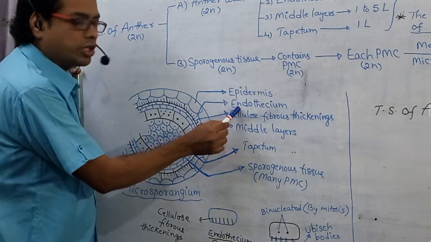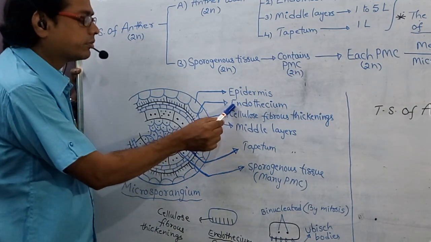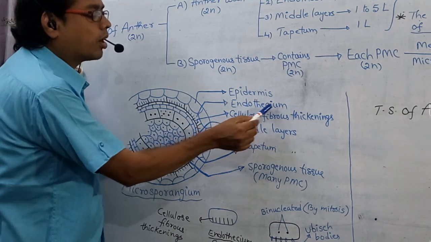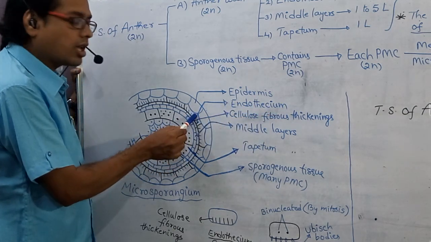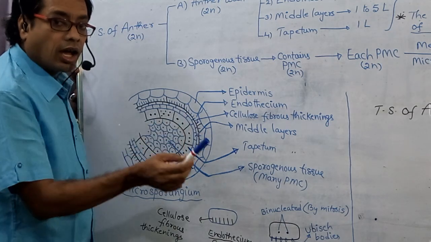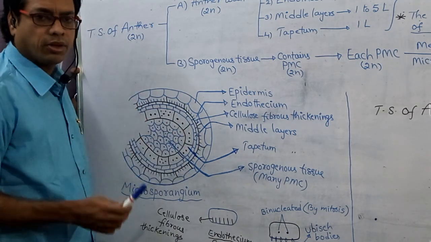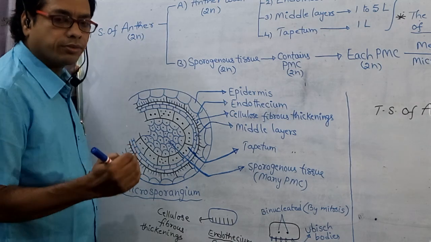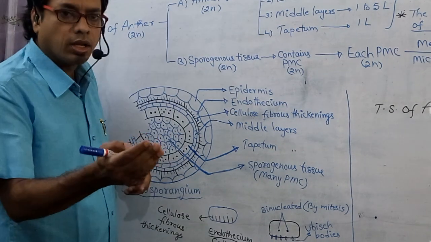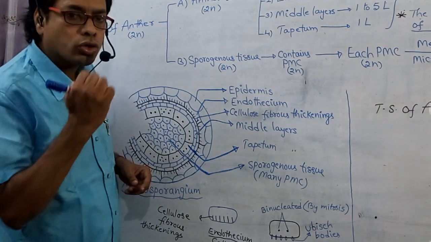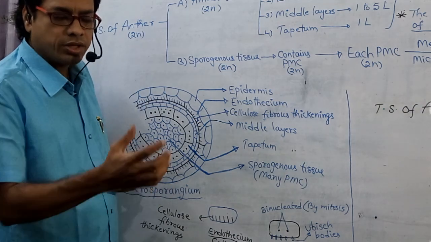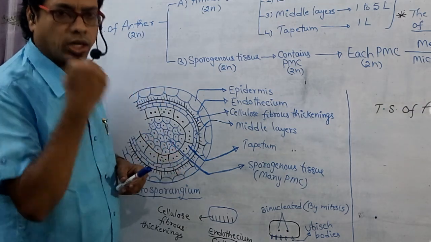Next, endothecium. It is made up of a single layer of cells. Endothecium cells are hygroscopic in nature. Hygroscopic means useful to absorb water.